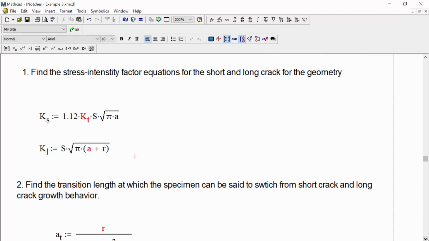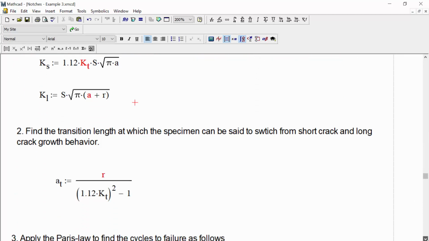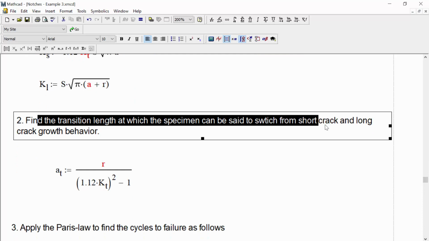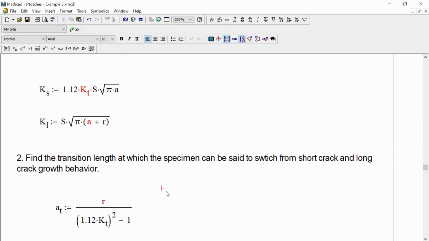Now that we've got those equations established, we then need to find the transition length at which our specimen can be said to switch from the short crack behavior to the long crack behavior. How do we do that? Well, we set K short equal to K long, and then we solve for the a that will hold this equation true.